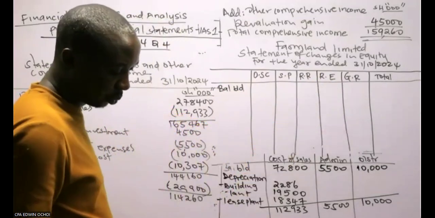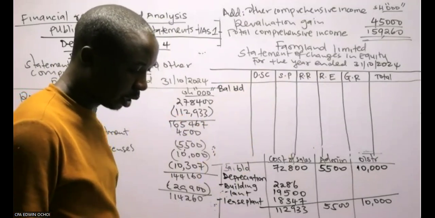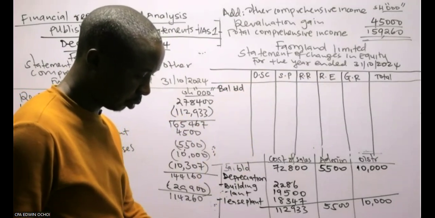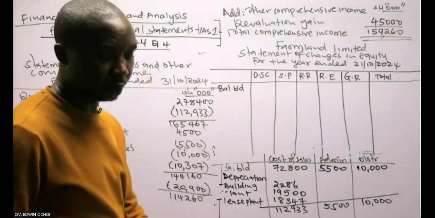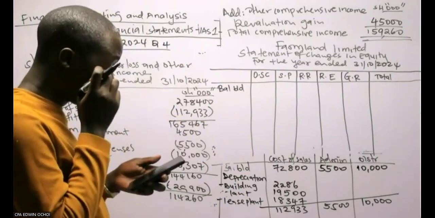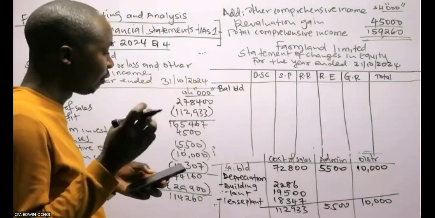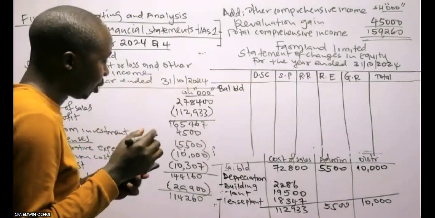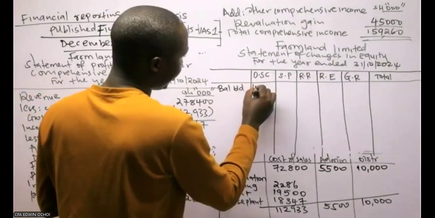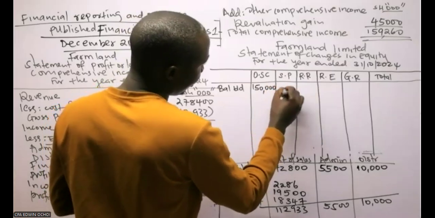So if you look at this question, we have which equity components? If you look at your trial balance, which items do you have? We only have three. We have ordinary share capital, you can see retained earnings, and in the additional information, there's revaluation. So ordinary share capital is 150,000.